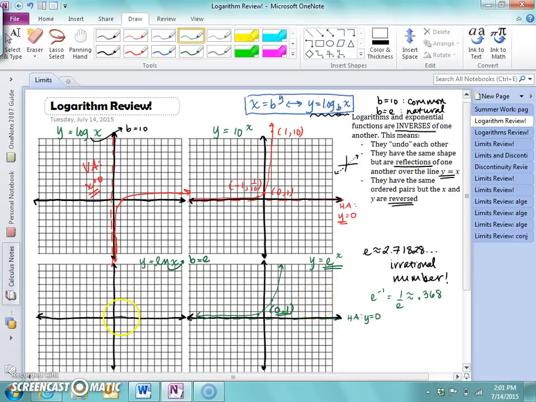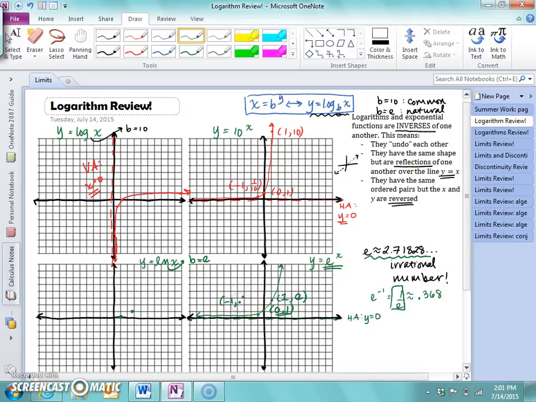So I'm going to go ahead and graph 1, 0. Here I had the ordered pair 1, e. Now you have to remember that e is just an irrational number. It's like pi. It's a constant, 2.71828. So instead of having 1, e, I'm going to have e, 1. So let's go over 1, 2, 2.7, 1. And here I had the ordered pair negative 1, 1 over e, but that's kind of a weird thing to look at.